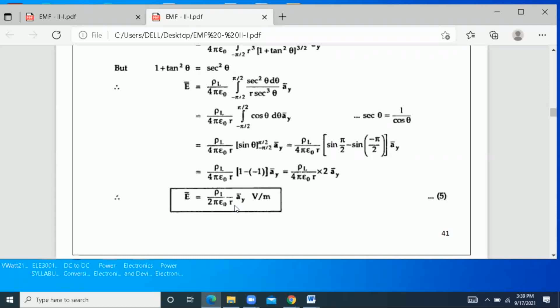So that's the electric field intensity due to an infinite line charge.